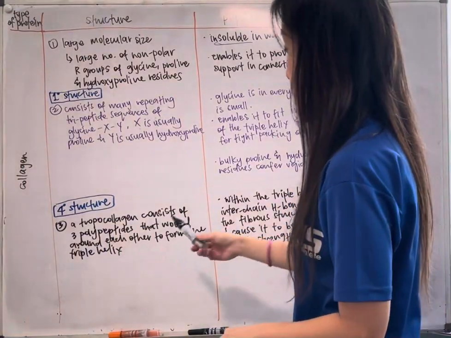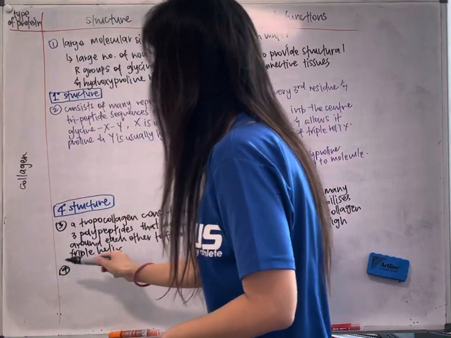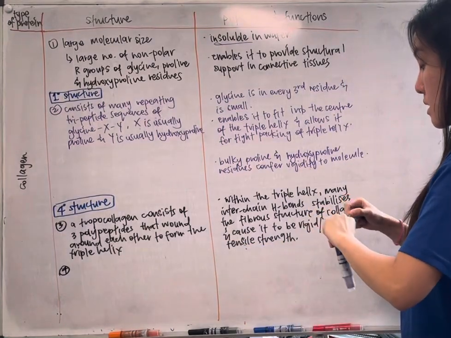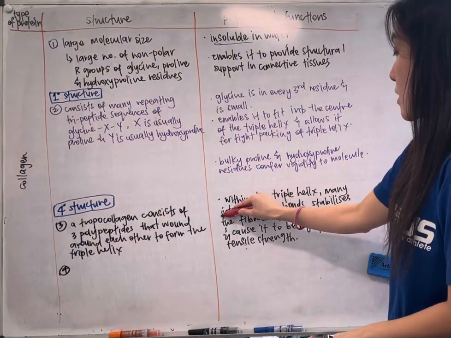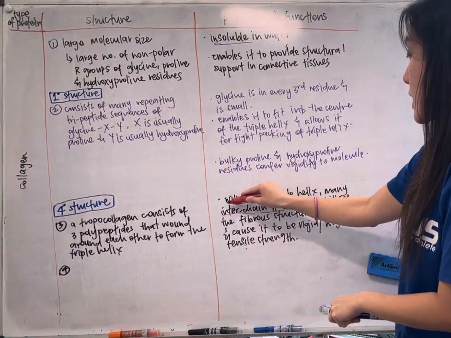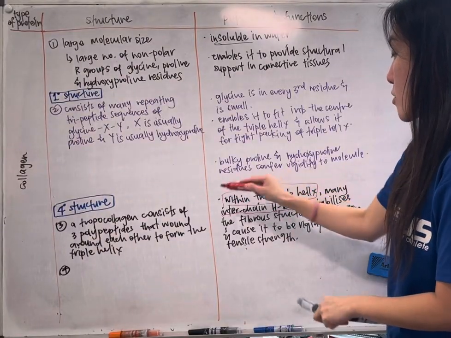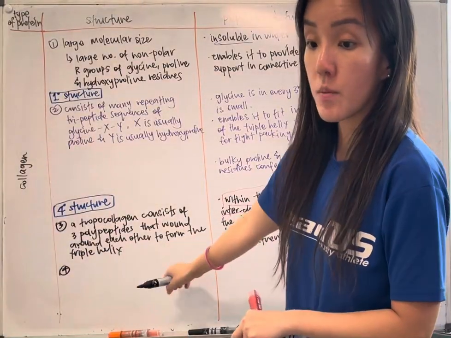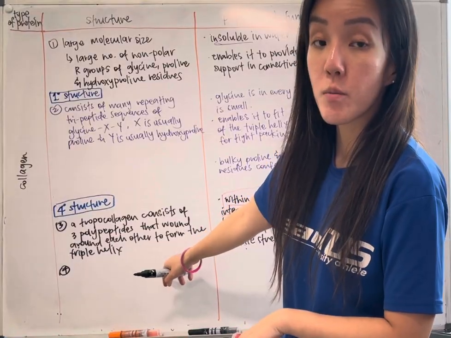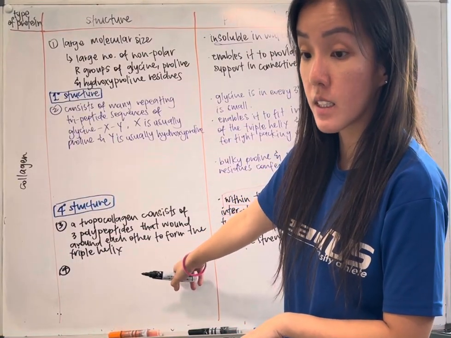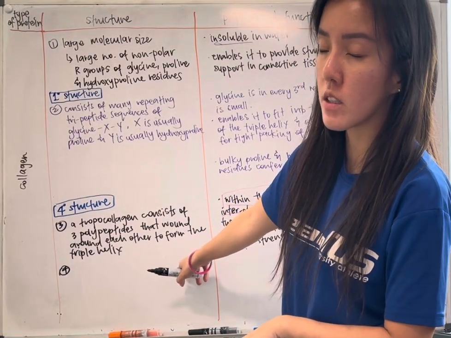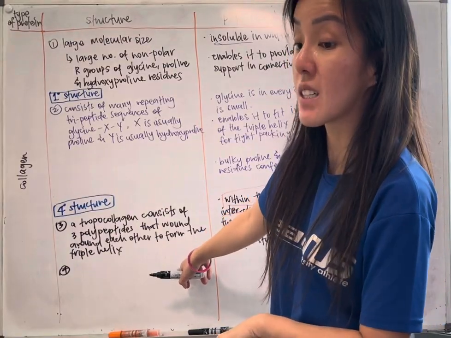In other words, the other property that we need to point out, since it's related, is the many interchain or cross-linking via hydrogen bonding within the triple helix. Why? These hydrogen bonds are between the NH group of glycine and the CO group of another amino acid of another chain.